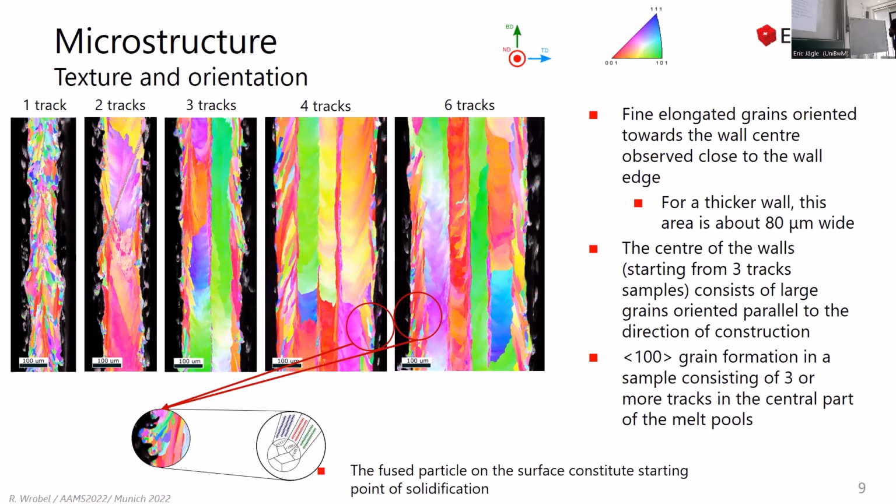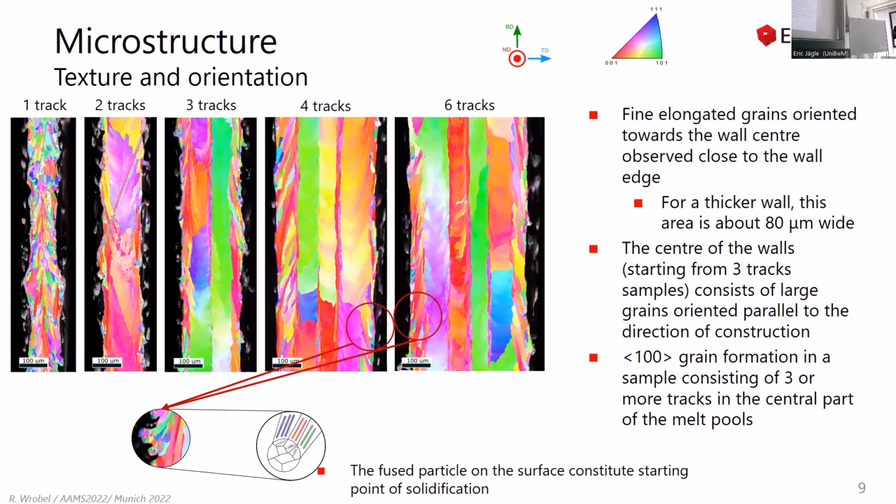What is also worth noting is that on the samples that consist of 3 tracks and more, we have these thin stripes of 100 direction. So this is what I have mentioned before about the solidification cells that we could observe in the center of the melt pools, or elongated solidification cells, which appear to be here as well.